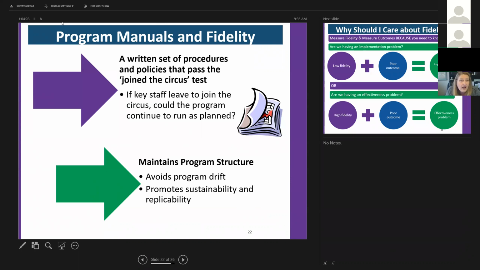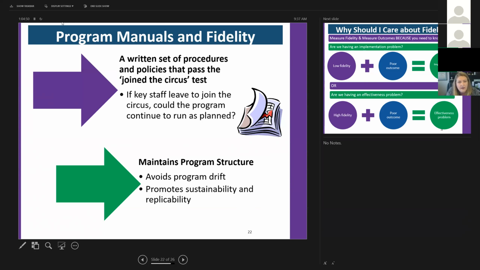And we will have key staff changes, right? Whether it's the program supervisor, maybe your agency director, maybe it's your head home visitor. Whoever it might be, you're going to have staff turnover. And if we're not using this sort of model to do effective operation, that sustainability is going to suffer over time.